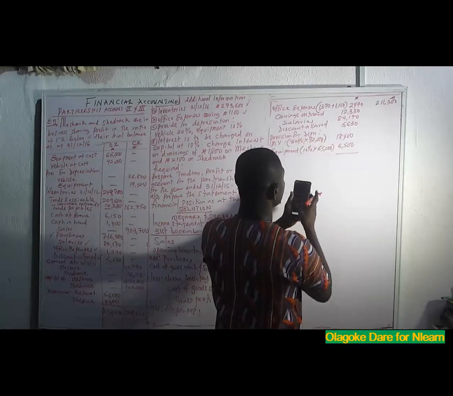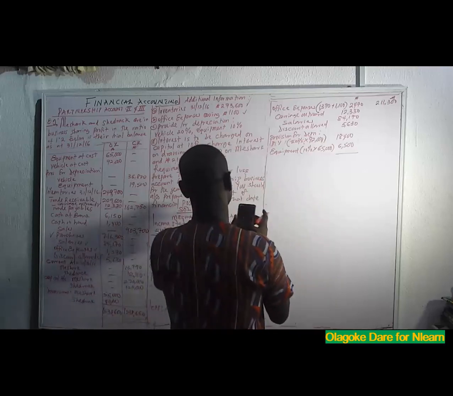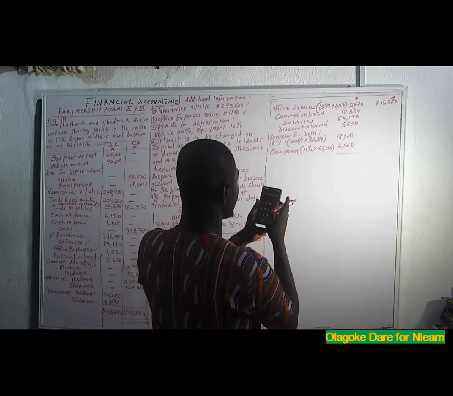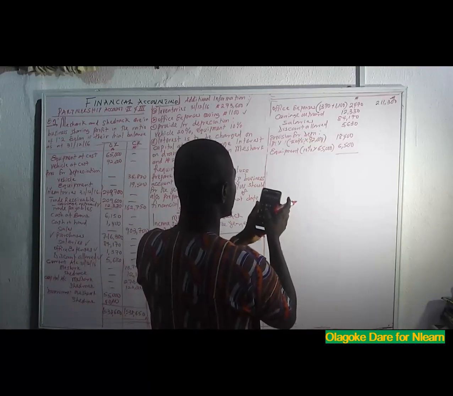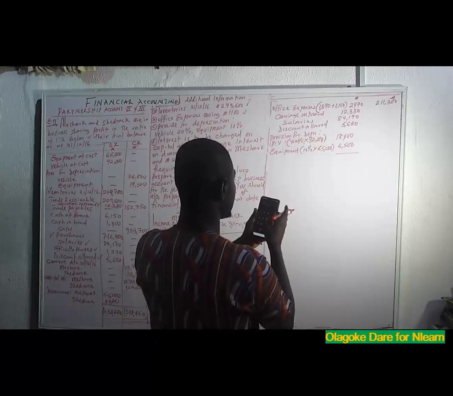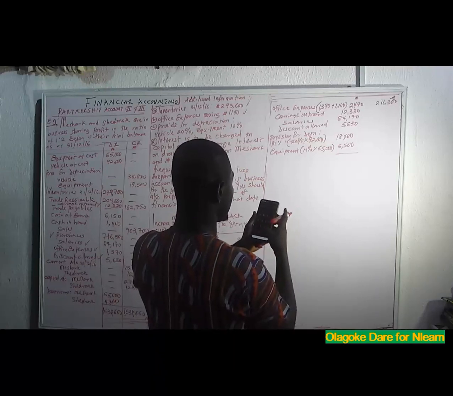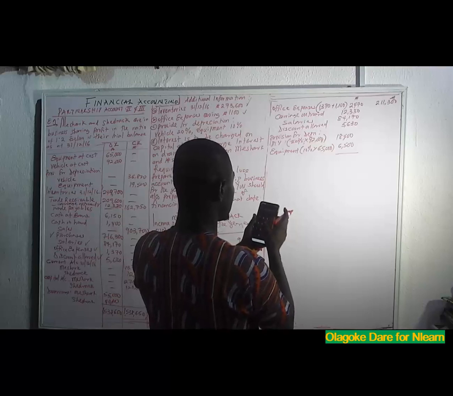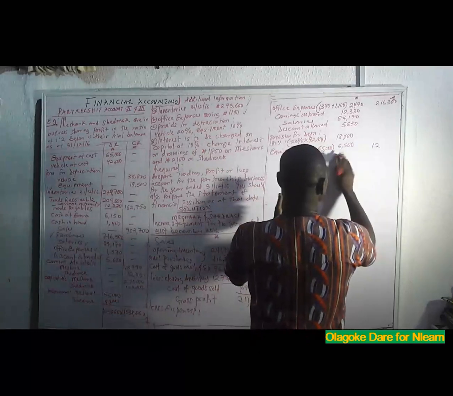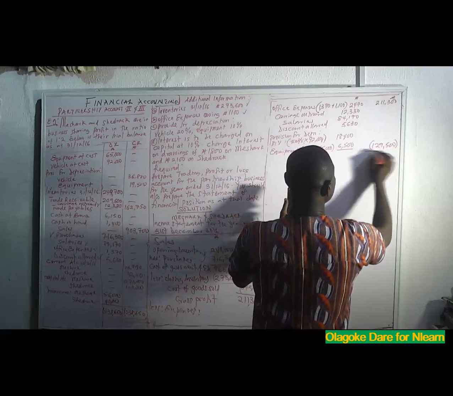Our total expenses is 2,470, which is our office expenses, plus our carriage outward 12,330, plus 84,170, plus 5,630, plus 18,400, plus 6,500. So we have 129,500. This is the total expenses.